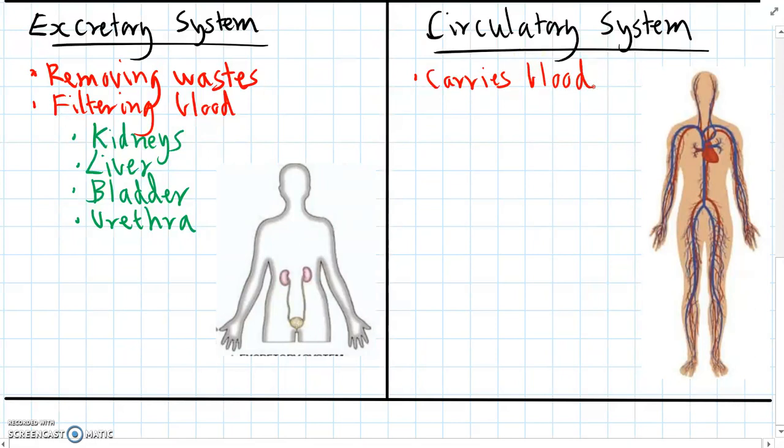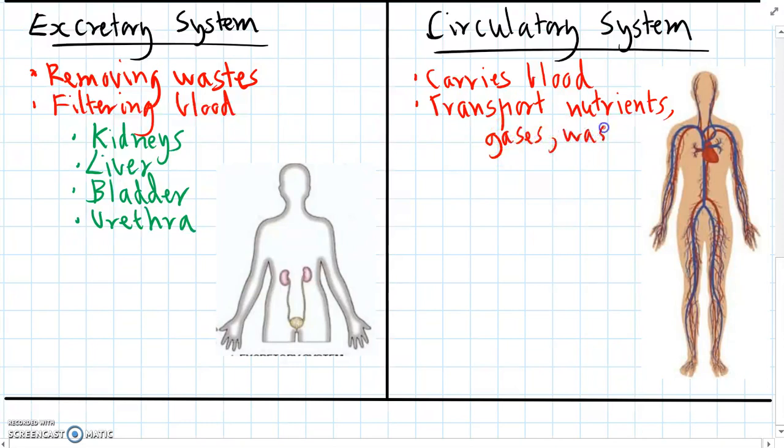And the main reason we have blood is to transport nutrients, so food or chemicals from our food that give us energy, and to transport gases and wastes. So just like the roads in a city, the circulatory system is there to transport and help out lots of other systems.